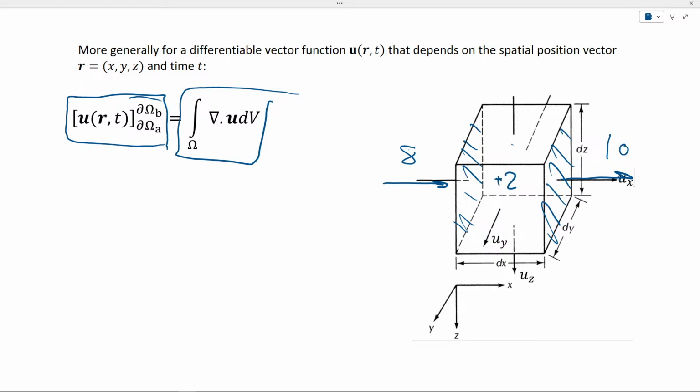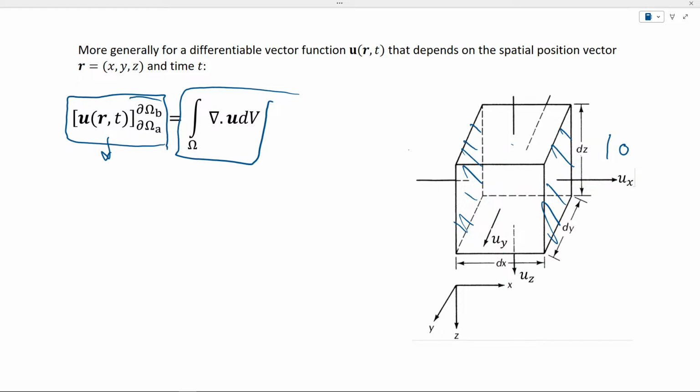Then the storage will decrease by 2, because 8 is entering and 10 is leaving. This means I lost 2 units. So the fluxes that are entering and leaving are described by this one, and what is gaining or losing here is described by this one.